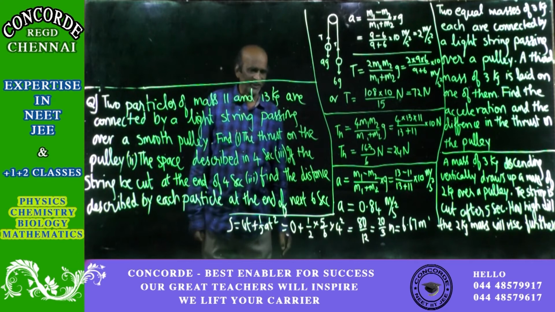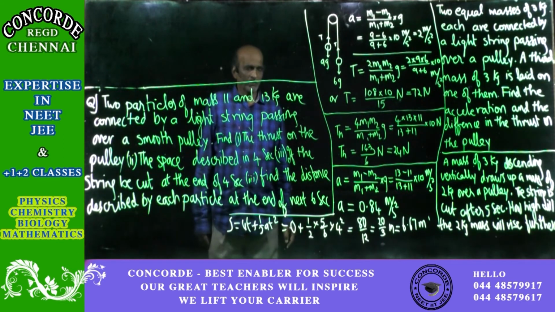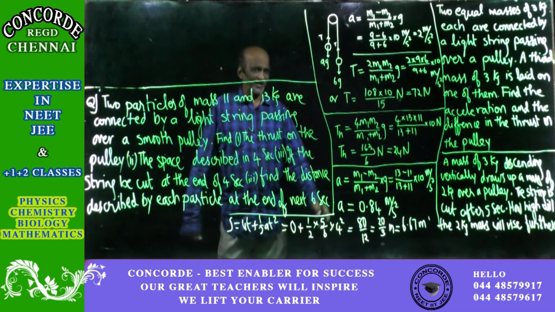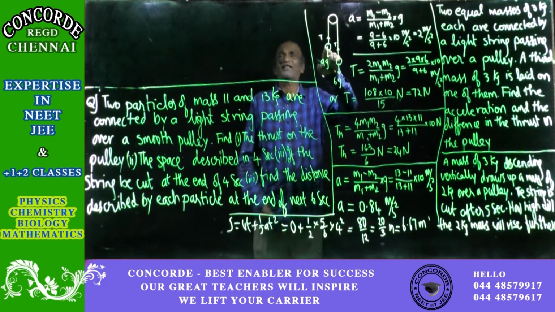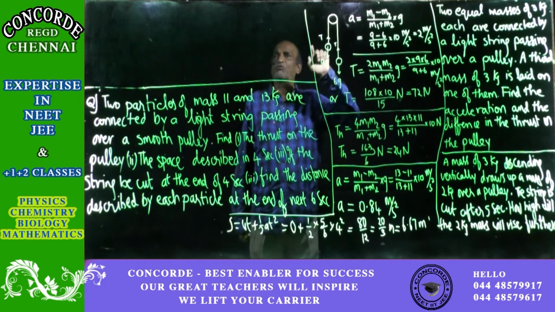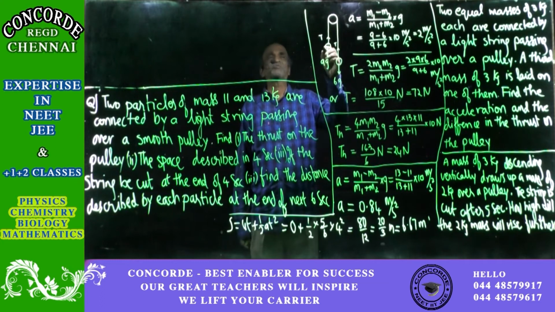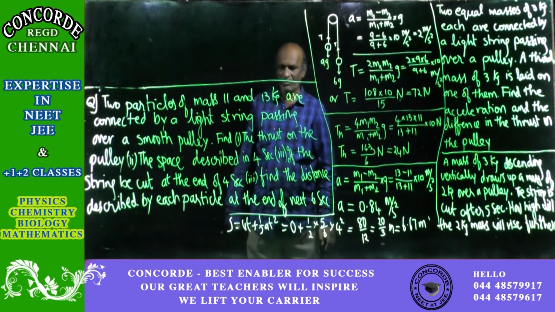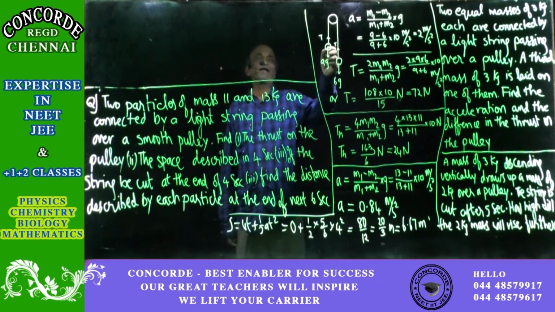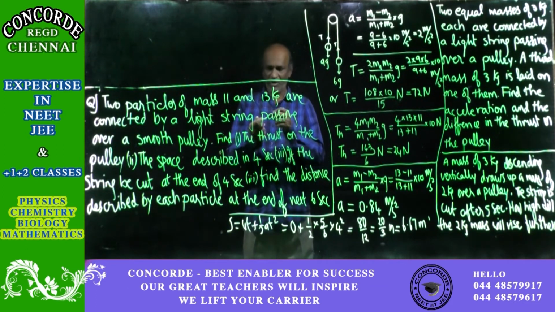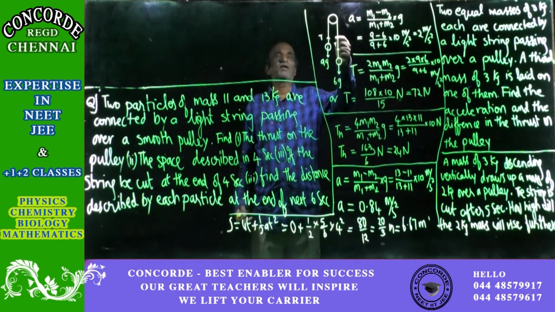And for that, we have already seen that the string is cut now. Therefore, the acceleration which you have got, 0.84, no, not correct. When the string is cut, then only another mass will be in motion. So it will be purely a motion under gravity. Whether some length of the string is there or not there, whatever it is free to move. So find the distance covered by each particle at the end of next 6 seconds. 9 kg is moving down, it will continue to move down. 6 kg is moving up, but when the string is cut, then it is purely under motion under gravity.